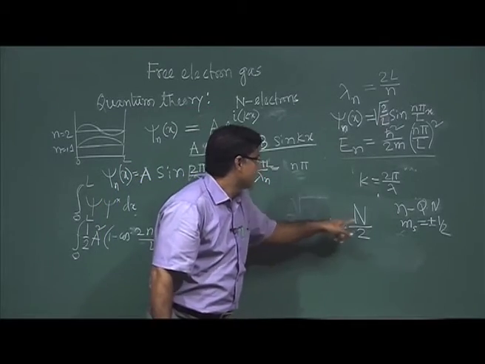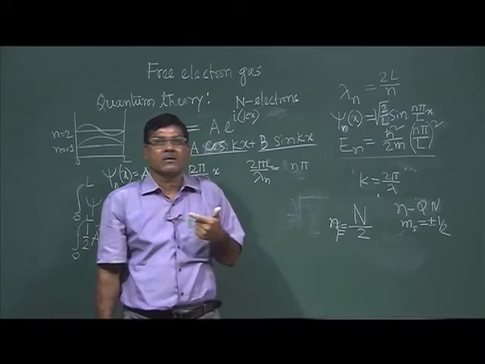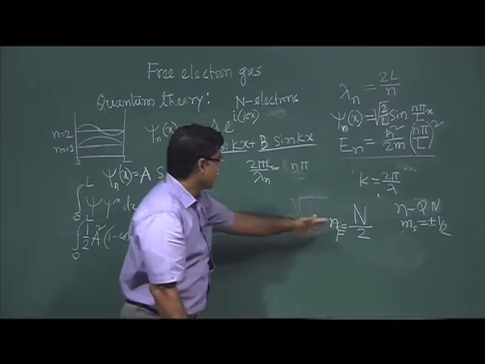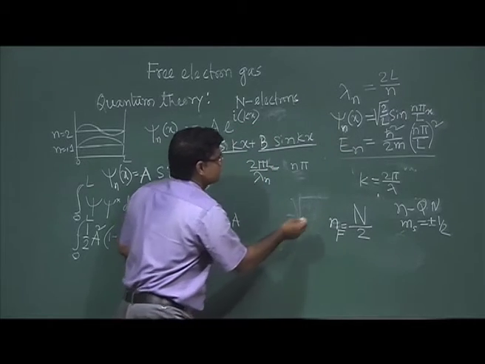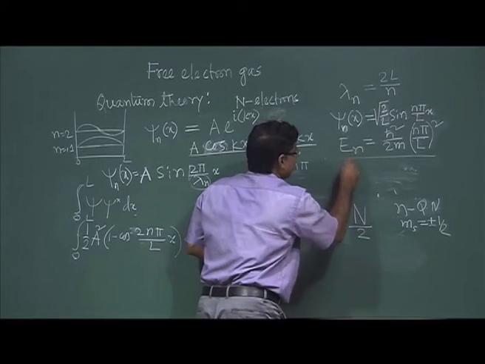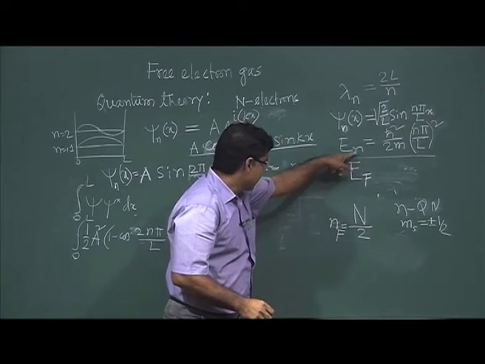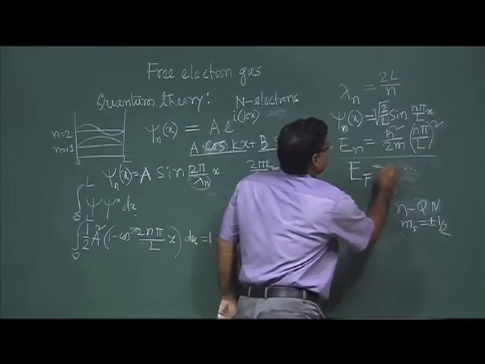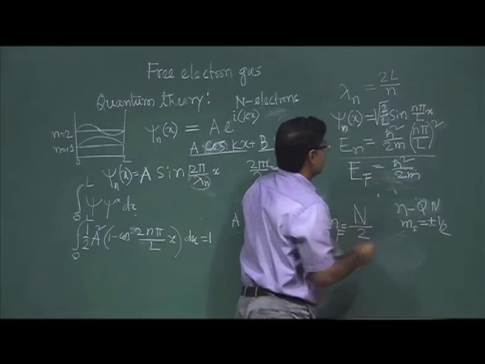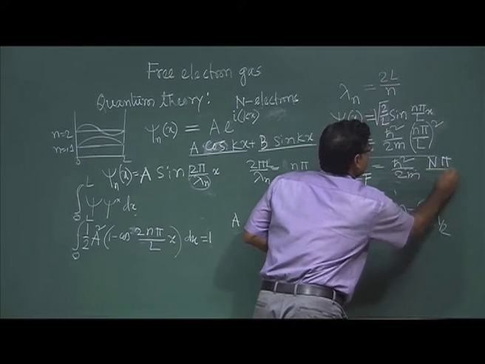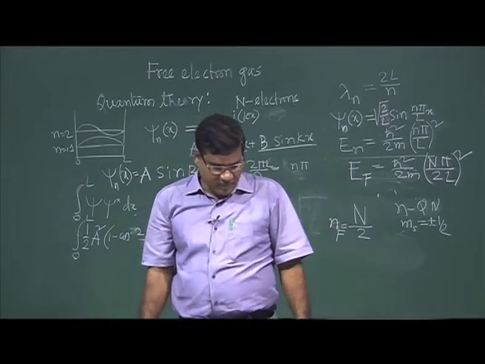So, now you can find out for this nF what is the energy. That is called the Fermi energy. So, nF, n equal to N by 2, I will write. We write this Fermi energy, for n equal to N by 2, as h cross square by 2m, times N pi by 2L whole square, that will be the Fermi energy.